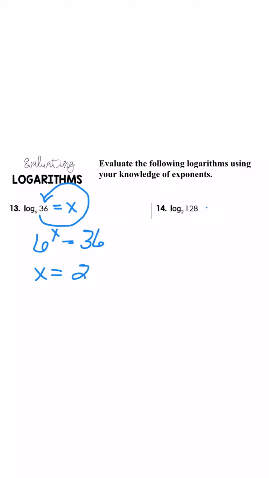On this one, if we set it equal to x, then this would be 2 to the x power equals 128. And if we were to go ahead and end up dividing 128 by 2, do it this way.